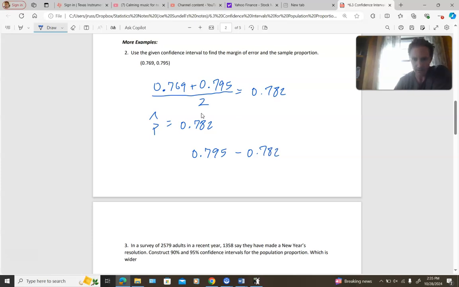That'll tell me what that margin of error is. And guys, I believe that this is going to be 0.013. Now these margins of error are going to be small, because p is just a decimal to begin with, so the margin of error is going to be an even smaller decimal. So anyway, it's about 1.3%.